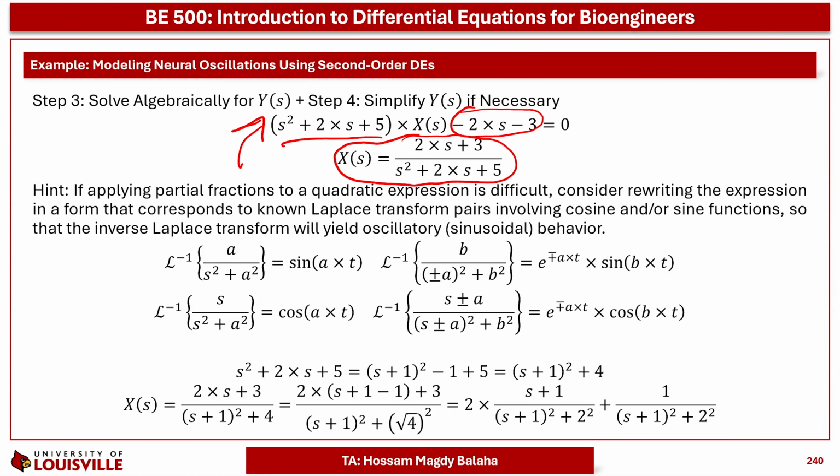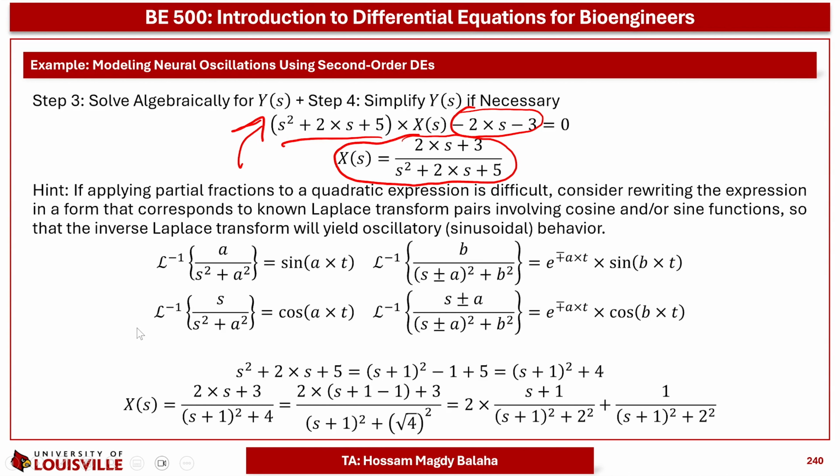Again, if you have a polynomial or rational equation like that, a polynomial over polynomial, then we mentioned that we can use partial fractions. If it's not applicable, then we can manipulate that into a form that can be solved using exponential cosine or exponential sine. If you try to solve it using partial fractions, it will be difficult. So we will try to manipulate it into the form of exponential sine and cosine. We mentioned the way.